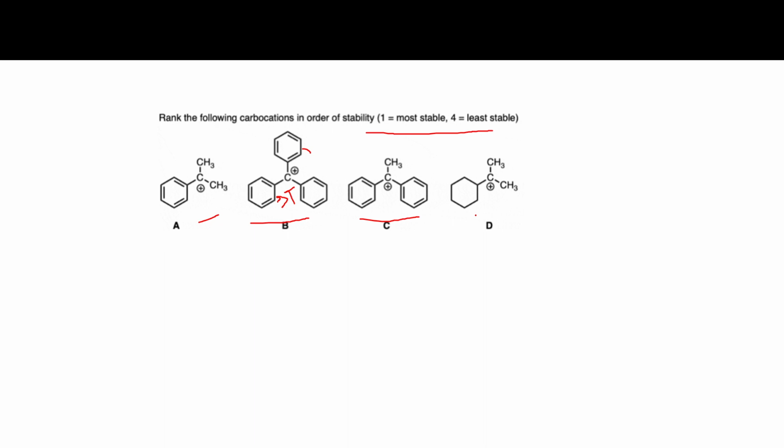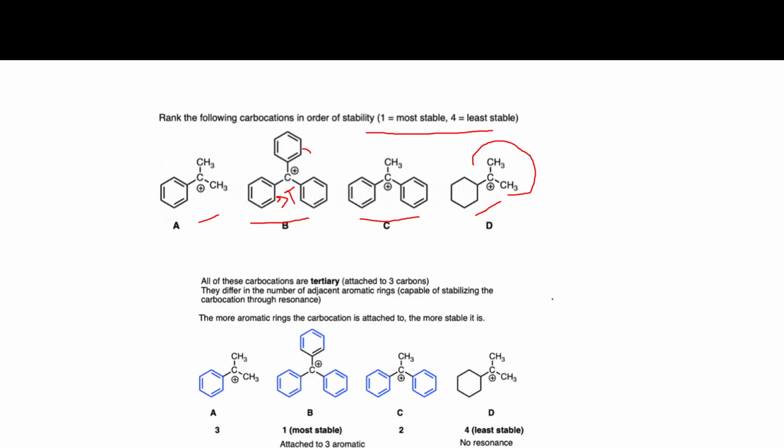This one has no resonance stabilization, only stabilization by hyperconjugation in secondary and tertiary carbocations. So the answer is: this one is the most stable, this one second, this one third, and this one is the least stable.